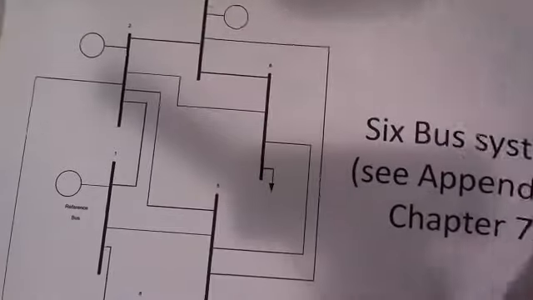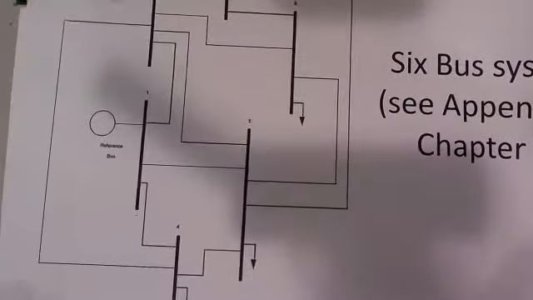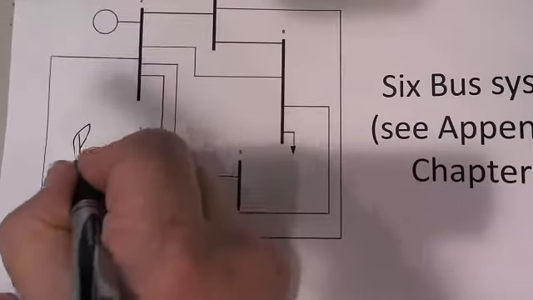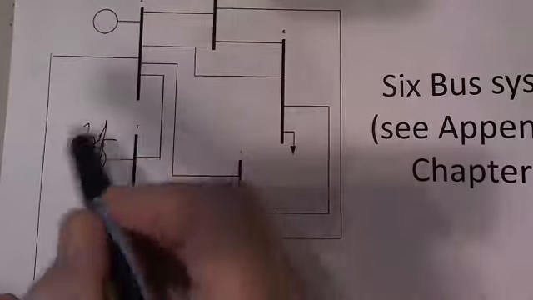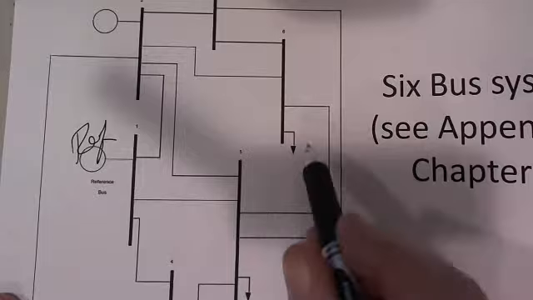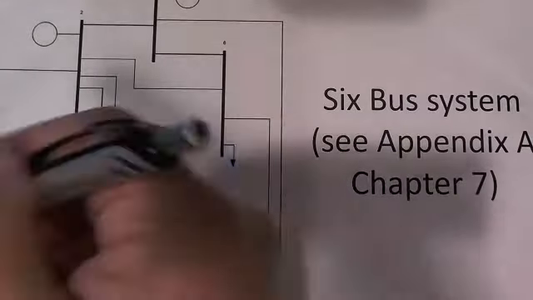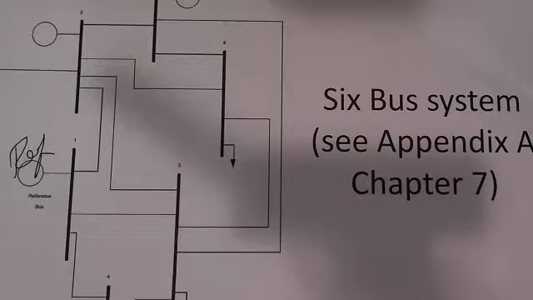Here it is. I got the diagram. You can see this. It's printed in your book, and this is the reference bus here. We'll just write ref. So I have 3 generators and 3 loads, and a bunch of transmission lines.